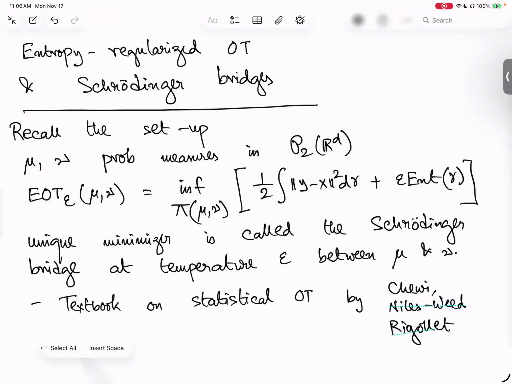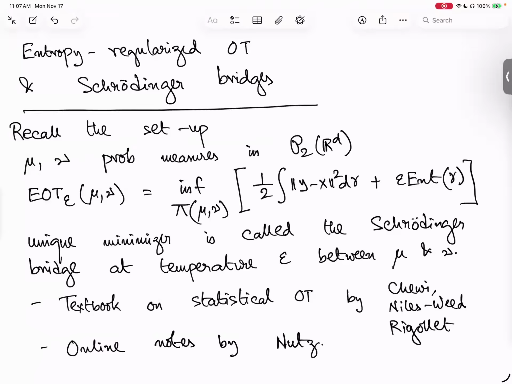There are also some online notes by Nutz, which also gives a good introduction to this subject. So the textbook is more about statistical theory of optimal transport. I encourage you all to check it out because it does much more than just entropy regularized optimal transport. It really talks about how to do statistics with optimal transport.